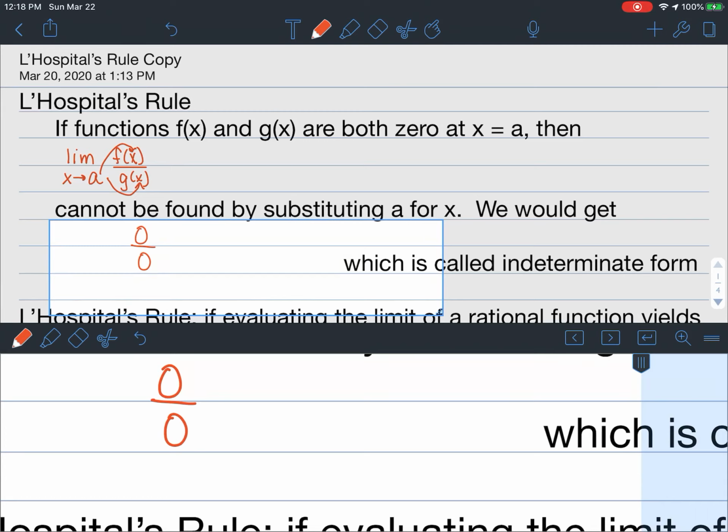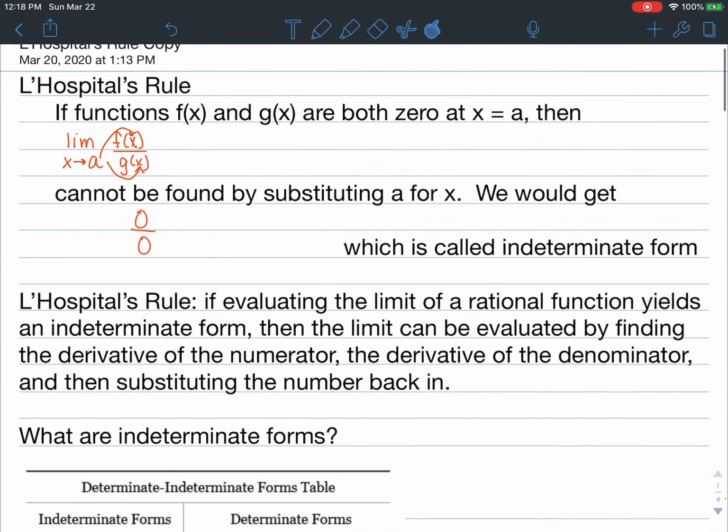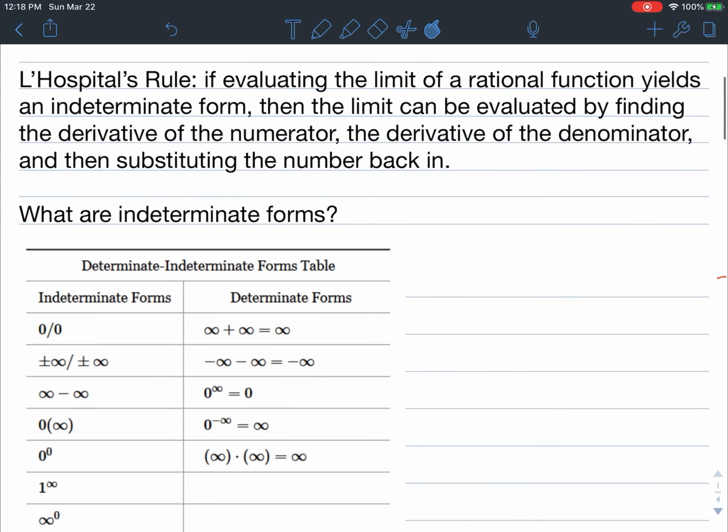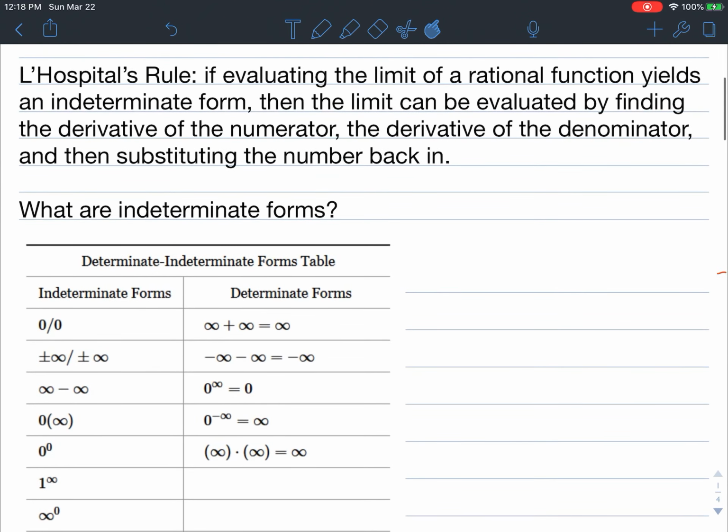So 0 over 0, that's called an indeterminate form. It's not that it equals 0, it doesn't equal 1, it's indeterminate. So here's L'Hopital's rule. If you're evaluating a limit of a rational function, so a fraction, and it yields an indeterminate form, then you can find the limit by finding the derivative of the numerator and the derivative of the denominator, and then substituting the number back in.